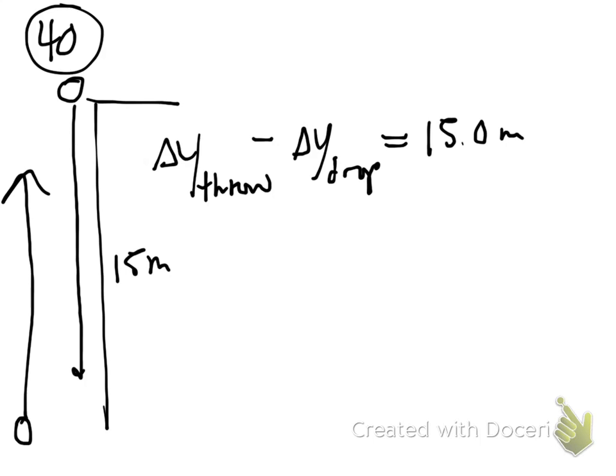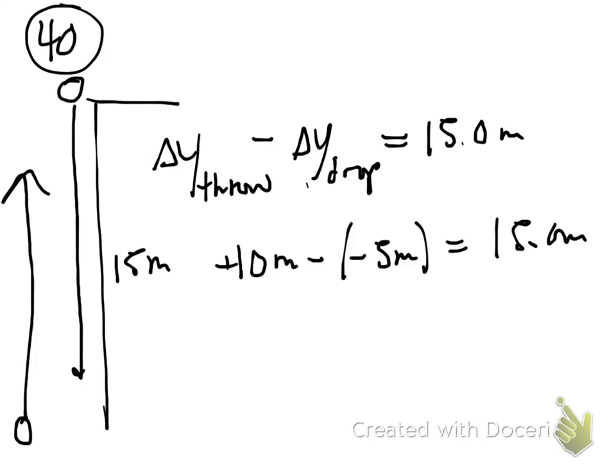And the way to sort of logic this through for yourself, because I always struggle with which one I need to subtract: if you imagine that the thrown ball has risen 10 meters in the air, so this number is positive 10 meters, and that the dropped ball has fallen 5 meters, so minus negative 5 meters, that does equal 15. That's true. So because the change in position of the dropped ball is going to be negative, that's how to handle it.